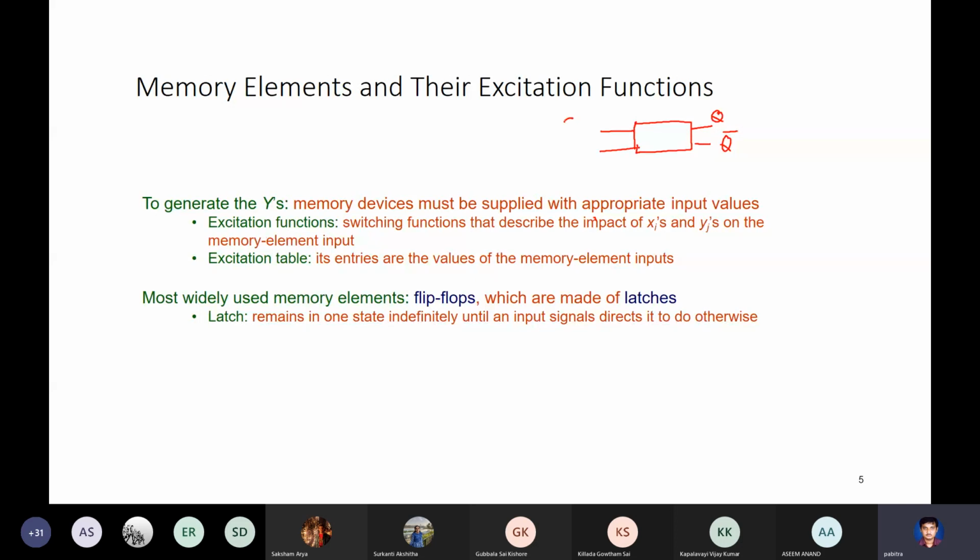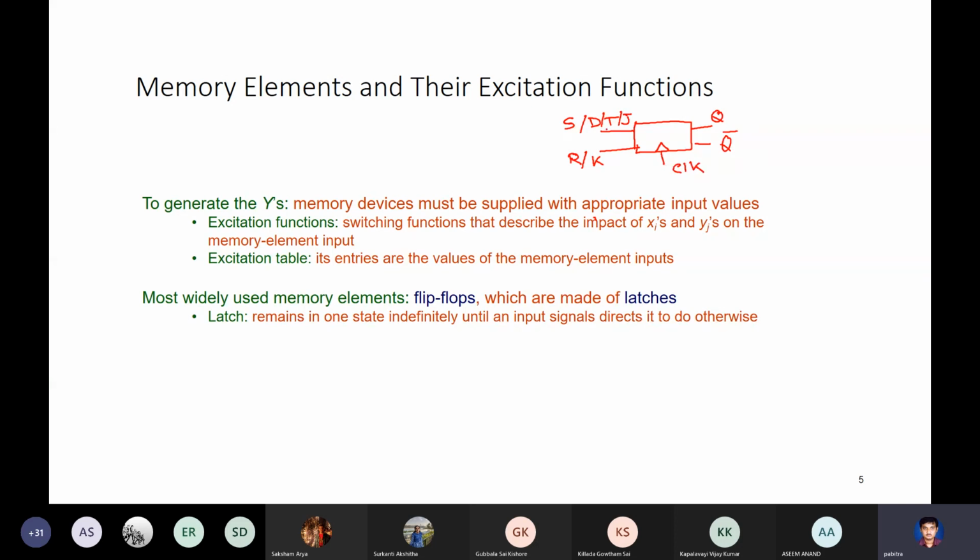These can be S, D, T, J, and so on, and let's say two inputs. And often there is a clock. We'll see soon what a clock is.